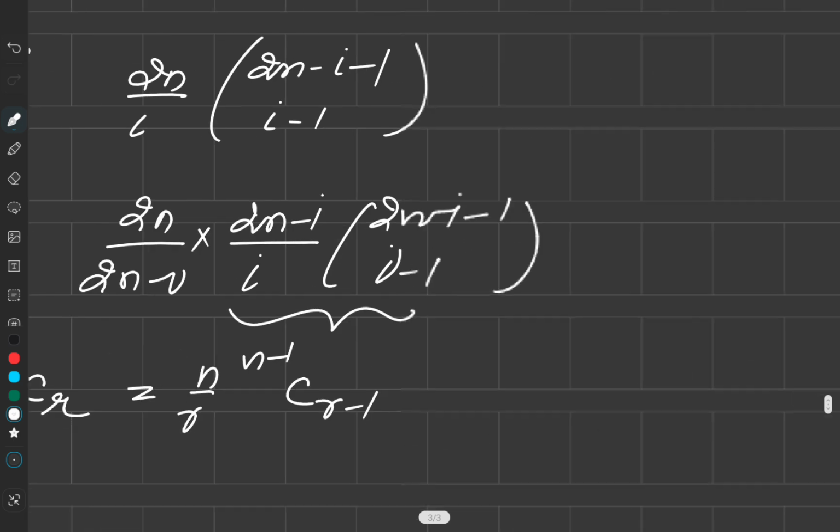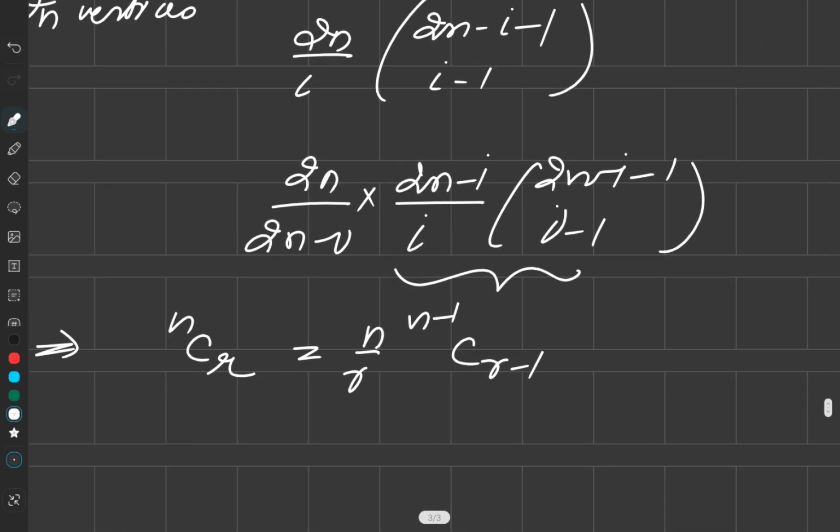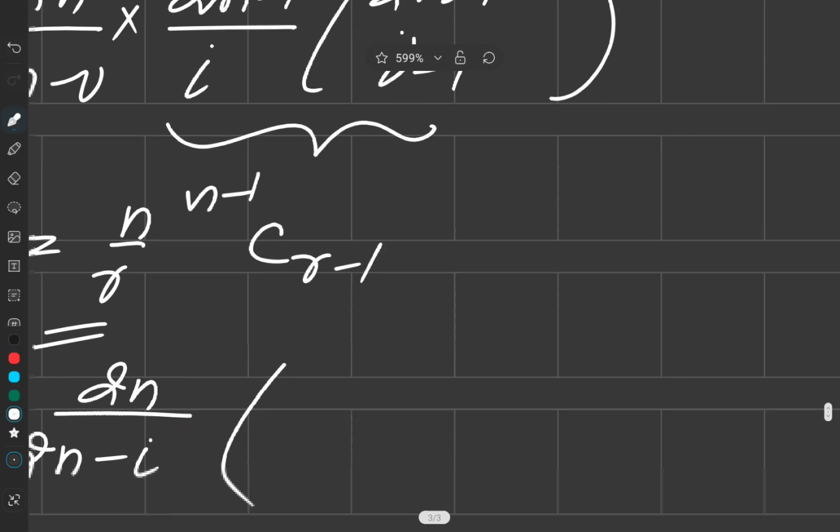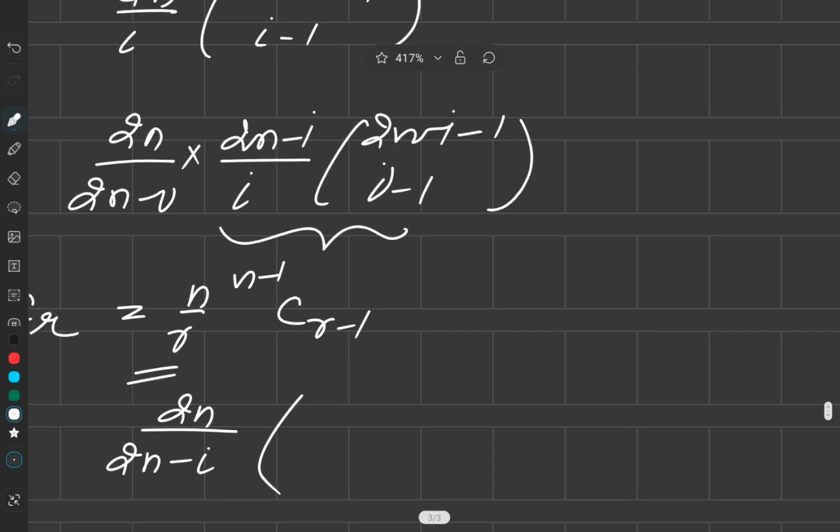By simplifying it, we can just get 2n by 2n minus I, and 2n minus I choose I, right?